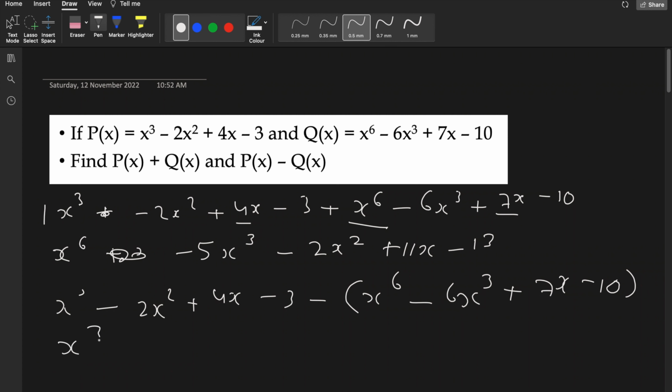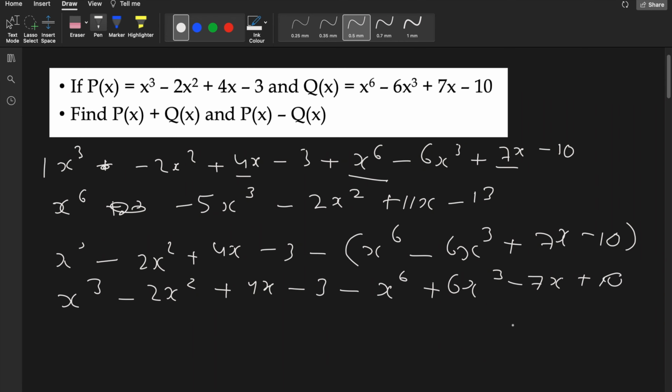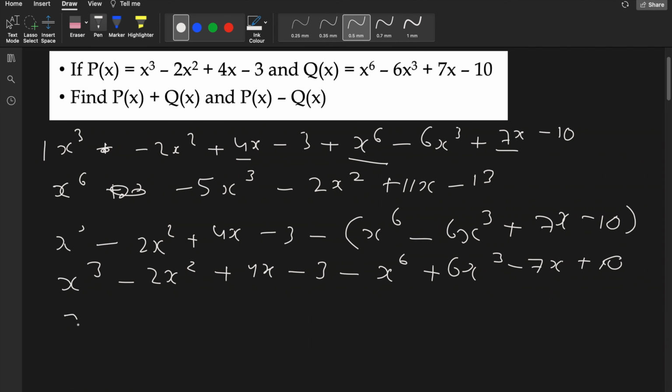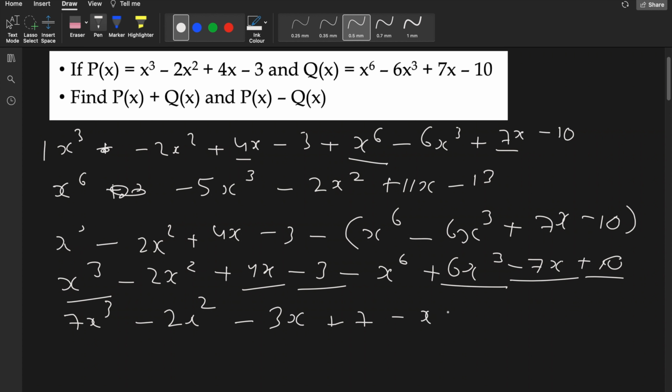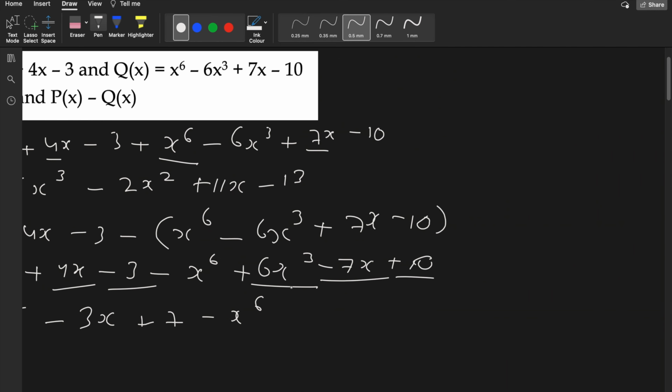So this would give us the following. So this would be our answer for p of x minus q of x.